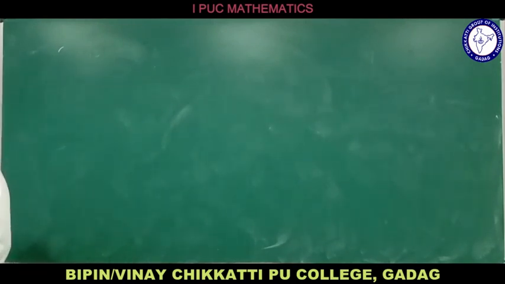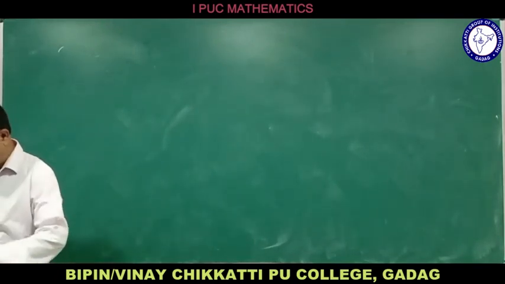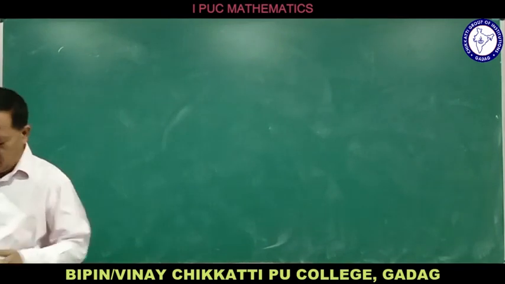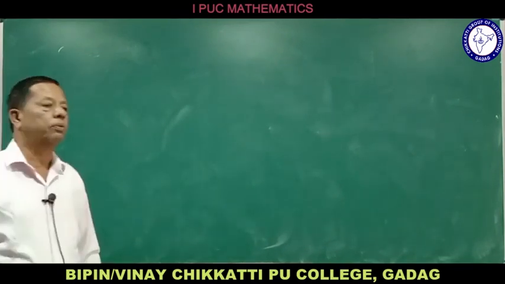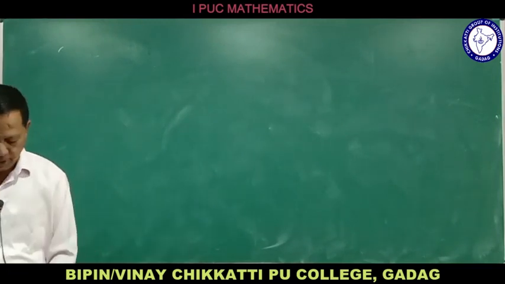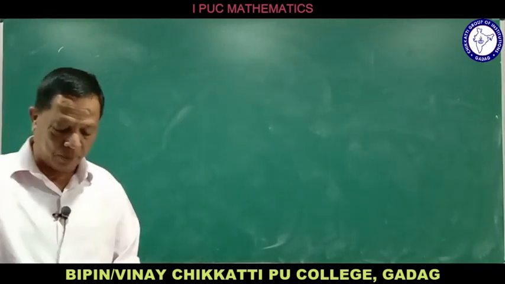So you can see how we represent a relation algebraically, either by the roster method or the set builder method. Once again I give some points, and after that we go for the problems.